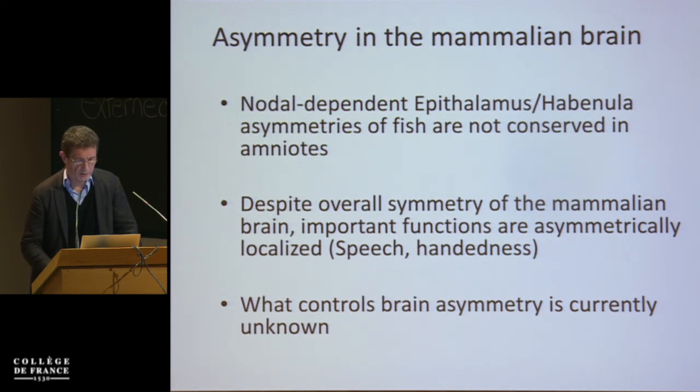You all know that the centers for speech are largely localized on the left side, and handedness is also an asymmetric function, since 90% of the population is right-handed, and there are a number of other functions which are lateralized in the brain. What is very striking is that we know essentially nothing about the control of these asymmetries in the brain and how this very compartmentalized functional organization of the brain is generated during development.